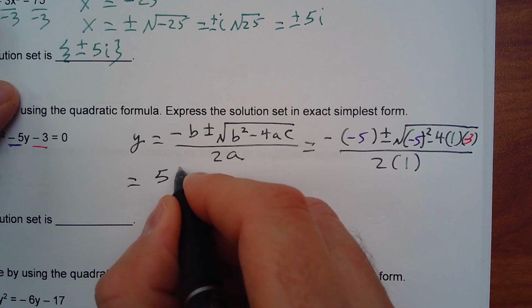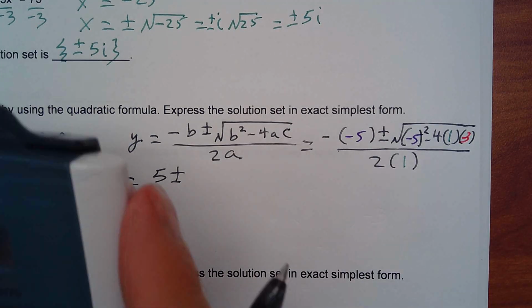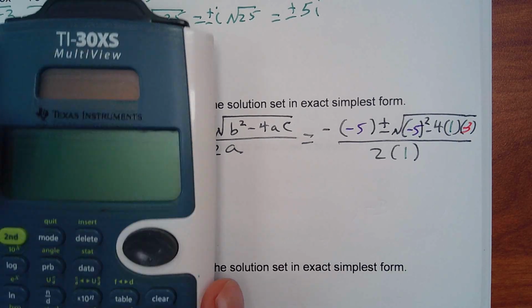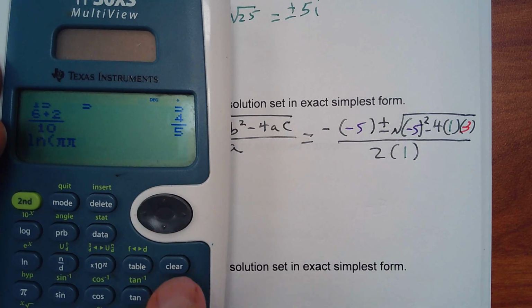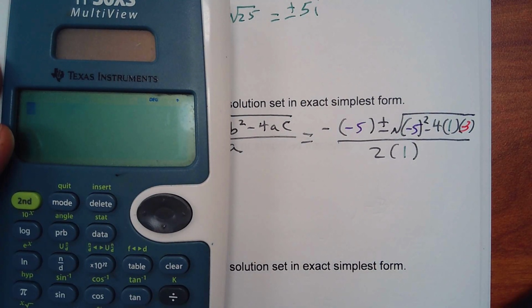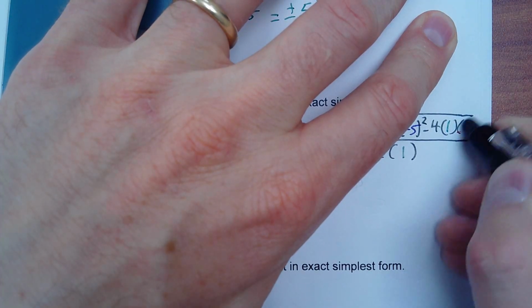So that's 5 plus or minus... Again, I would recommend grabbing your calculator and working the stuff underneath the square root on your calculator. So we have a negative 5 squared minus 4 times 1 times a negative 3.